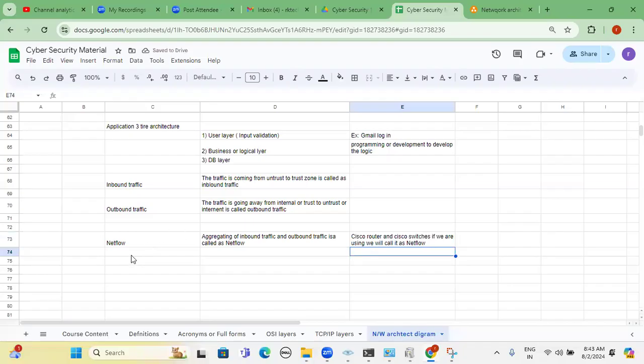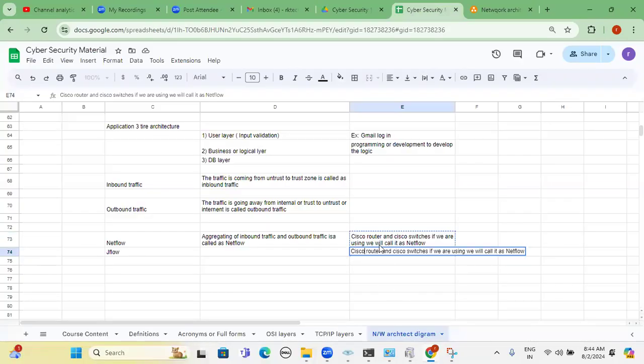In case we are using Juniper routers or Juniper switches, it is J-Flow data. Same thing: the combination of both inbound traffic and outbound traffic of the Juniper routers and switches, whatever they are providing.